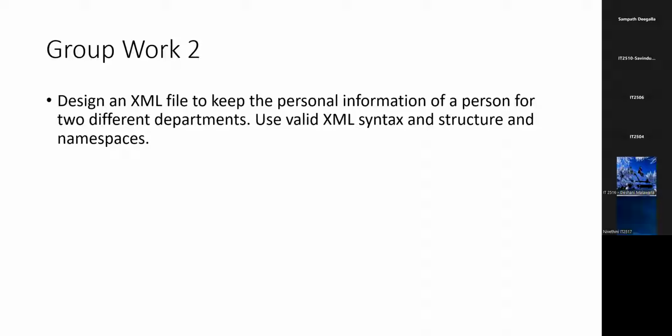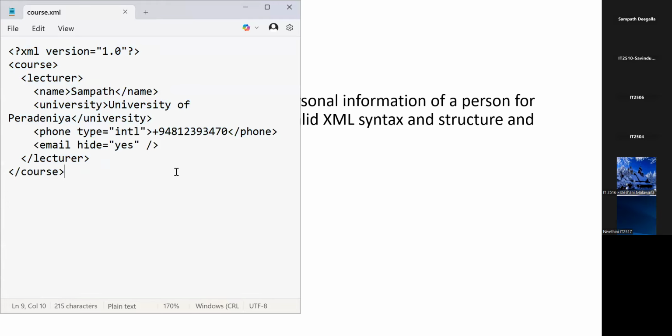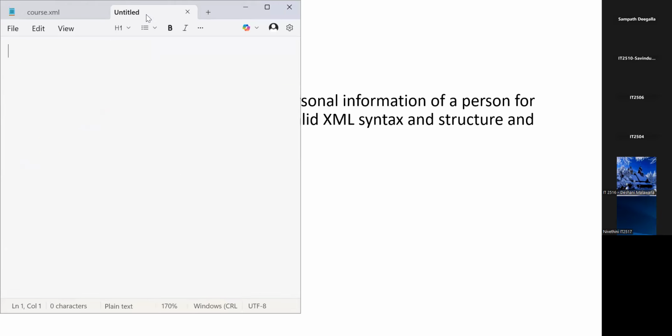But yes, I can give you some suggestions on solving this one. Maybe we'll use a new one, right? Let me say I'm going to create person information, so I can say person.